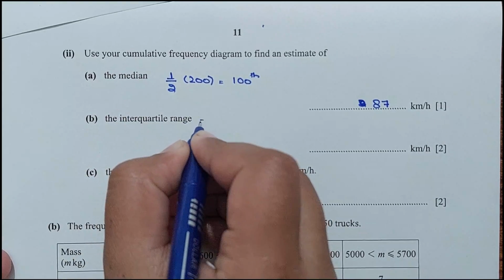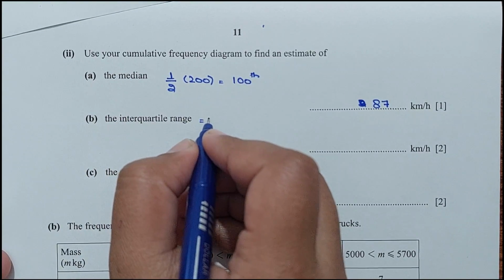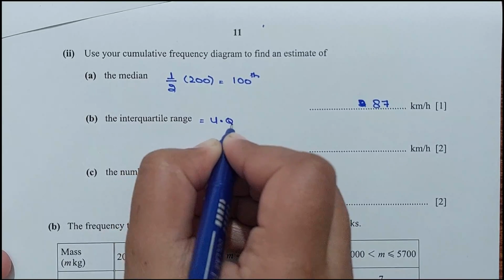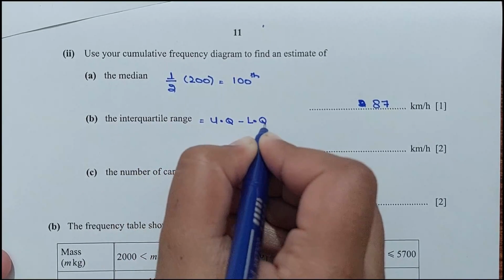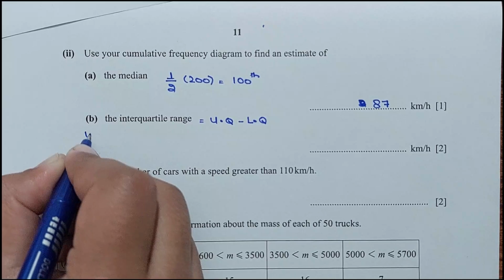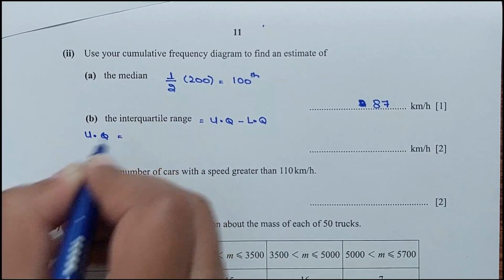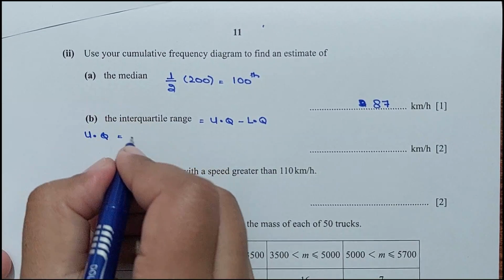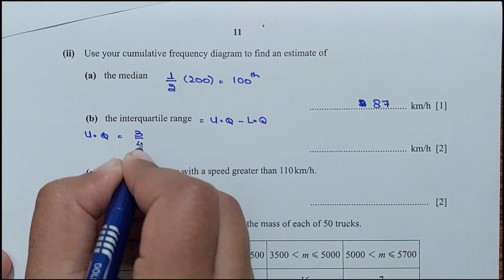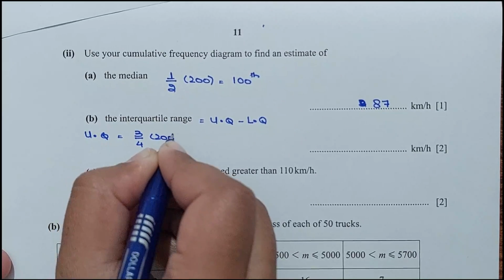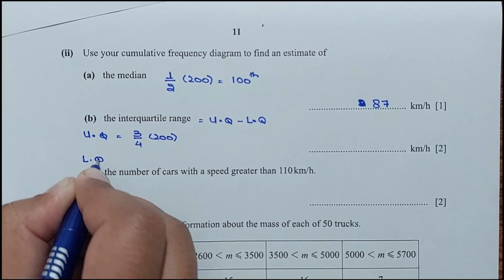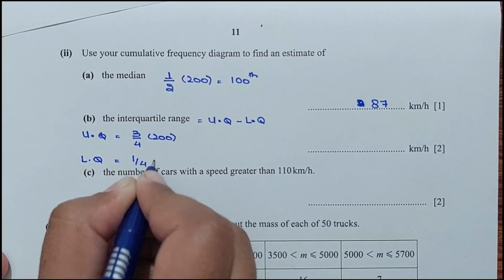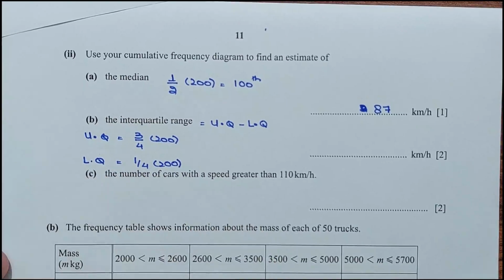Interquartile range is the difference between the upper quartile and the lower quartile, right? Upper quartile, we can say, is 3/4 of the value, 3/4 of 200, and the lower quartile is 1/4 of 200, right?